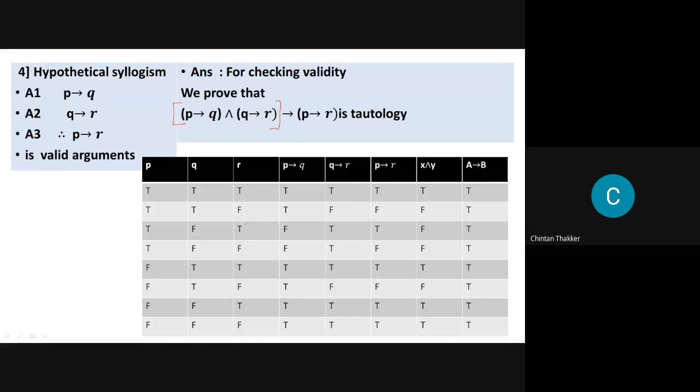So this way we can prove that this argument is valid. Check the table.